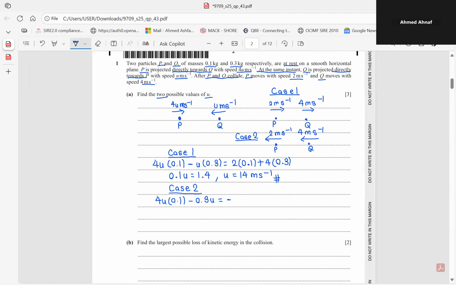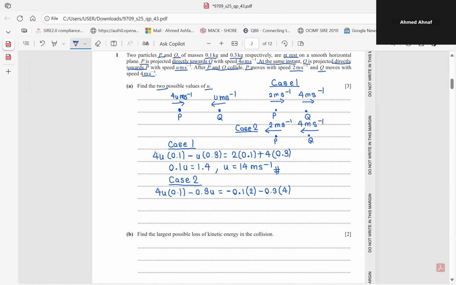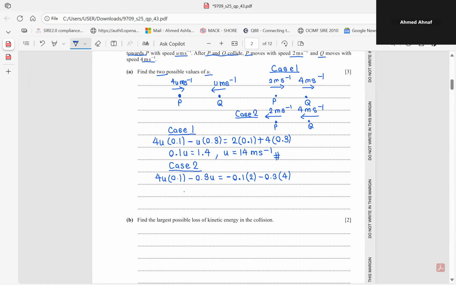So P is minus 0.1 times 2, minus 0.3 times 4. So this is 0.1u equals minus 0.2 minus 1.2.